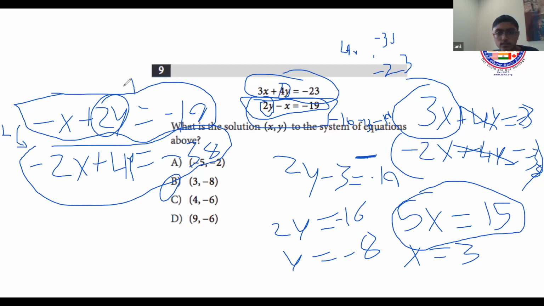And then I multiplied that by 2 into negative 2x plus 4y equals negative 38. And then I eliminated it because the 4y terms were the same. Okay, thanks. All right, I guess that's it for questions about this one.